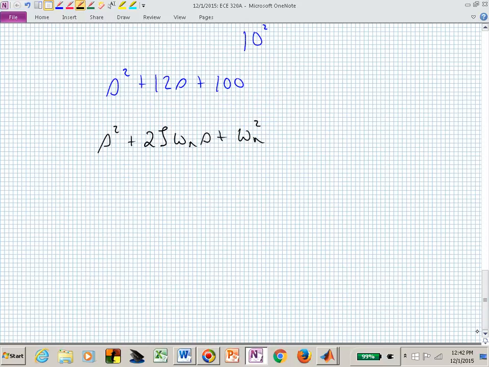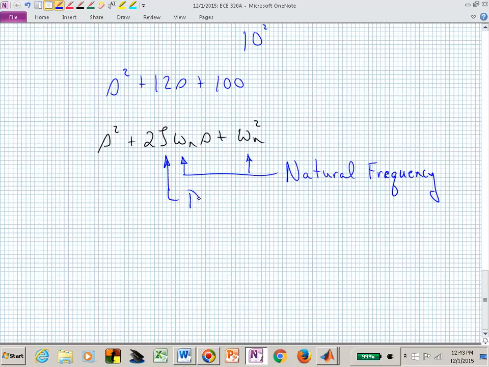Now, these particular variables have specific names associated with them. This omega sub n is the natural frequency associated with that quadratic factor, and this zeta is our damping factor, which lives between 0 and 1.